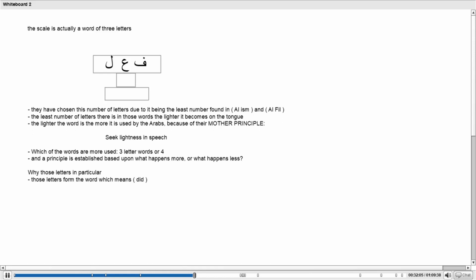The mostly used point is for the first. Barakallahu fiki. Now we're explaining why the fa and the ain and the lam. Those letters are from the word which means did.